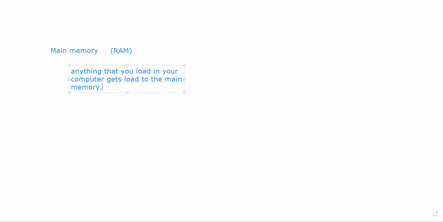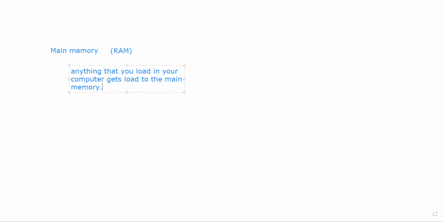Just as an example, think about the word processor. MS Word software is installed in secondary memory, in your hard disk. Normally the softwares are installed in your hard disk, which is a secondary memory. But when you want to open the word processor MS Word, what are you doing?